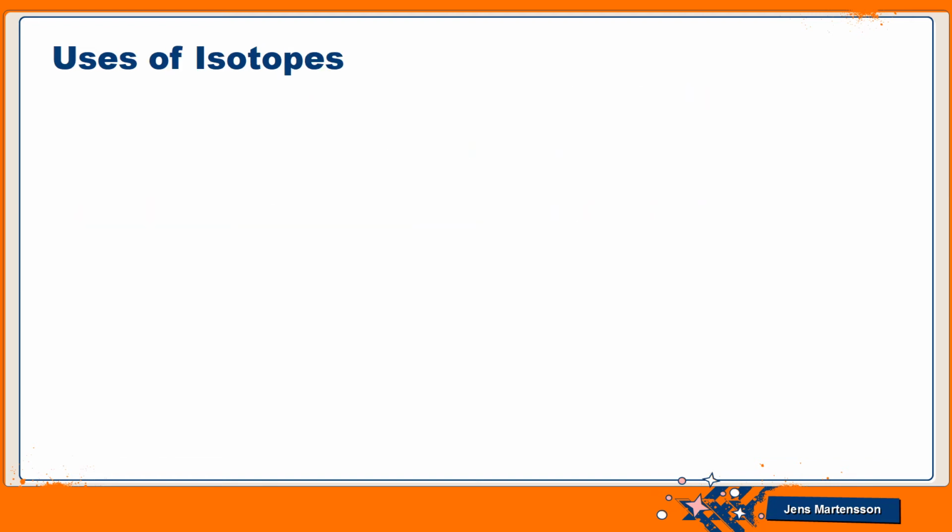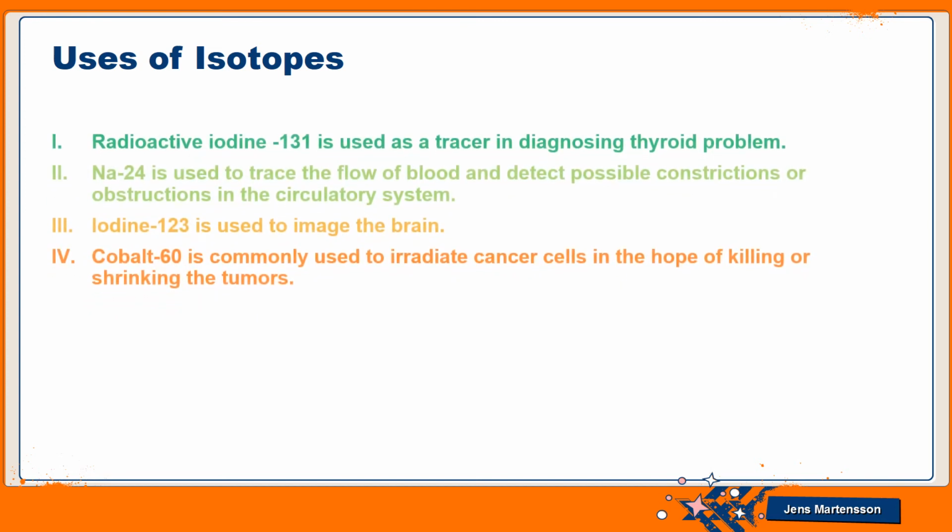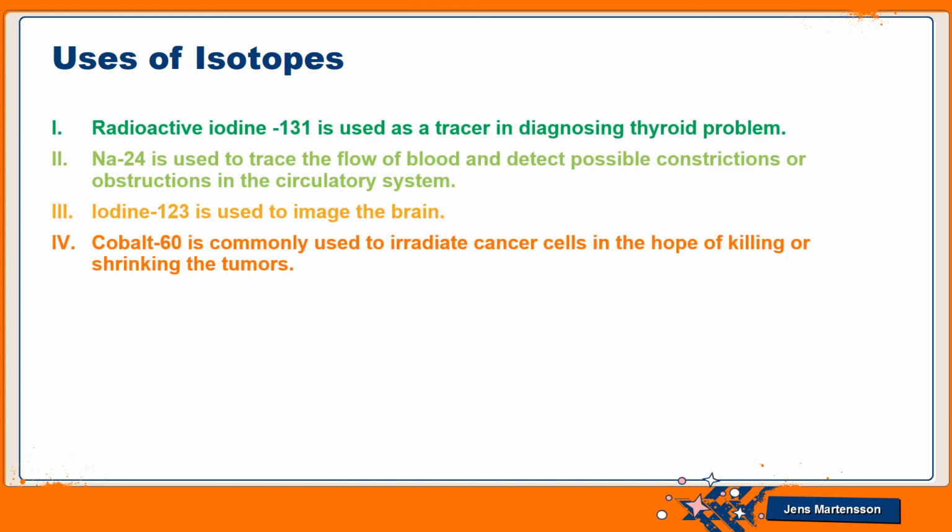Now the different uses of isotopes. They have wide use in the medical field as well as in research. Medically, radioactive iodine 131 is used as a tracer in diagnosing thyroid problems, and sodium 24 is used to trace the flow of blood and to detect constriction or obstruction in the circulatory system, where the veins are narrowed down or blocked.